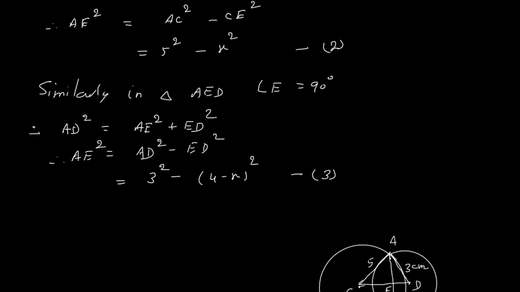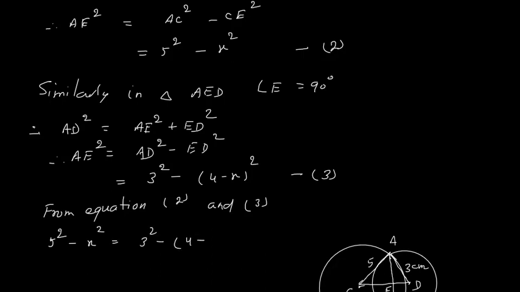So I can use equations 2 and 3. From equations 2 and 3, I can say that 5 square minus X square is equal to 3 square minus (4 minus X) the whole square.